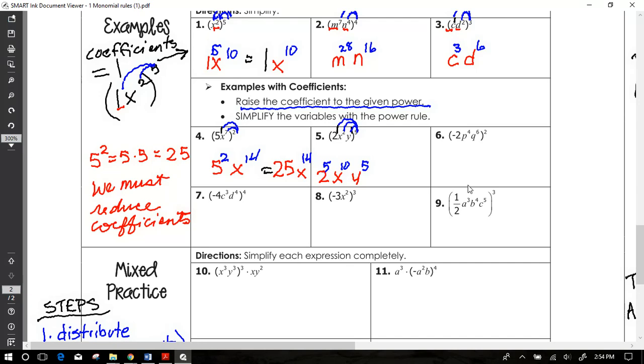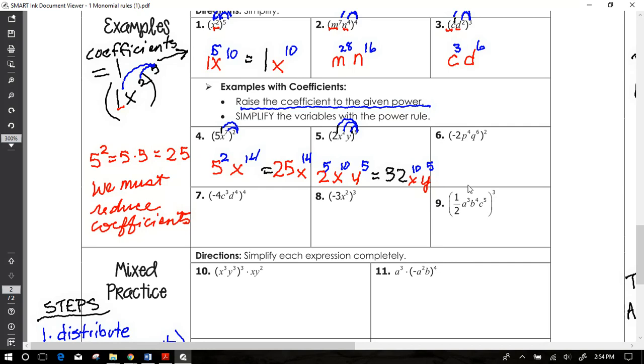And then my last step is going to be to reduce. So 2 times 2 is 4, times 2 is 8, times 2 is 16, times 2 is 32. So 2 to the 5th power is 32. And then I have my x and my y to the 10th and to the 5th. Great job. And I'm going to erase my little scratch work here.